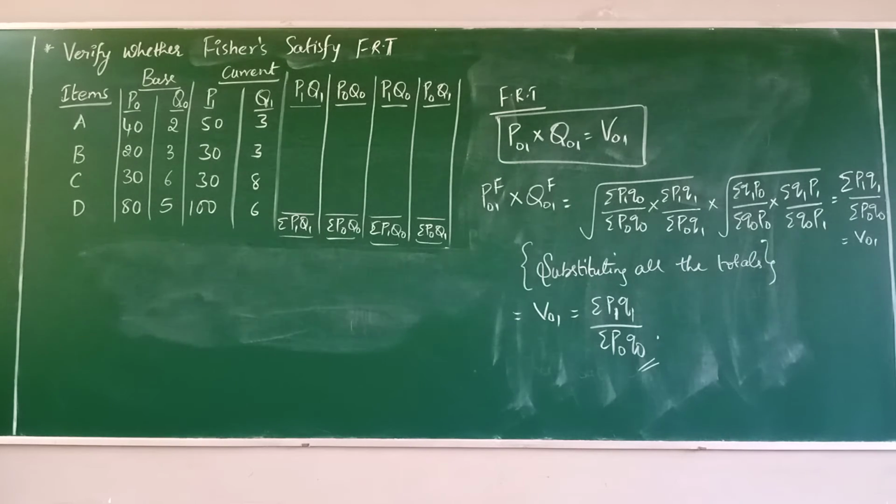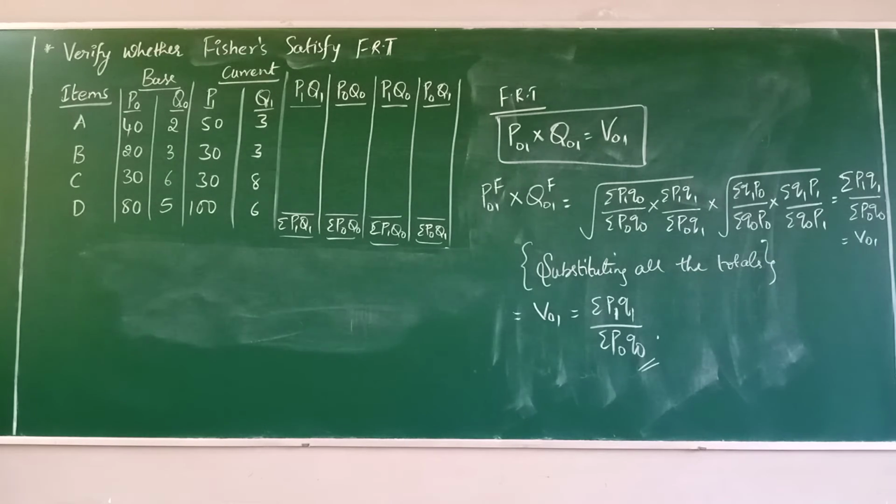So this is one more problem. I think I am clear. Fisher's and Marshall-Edgeworth: Marshall-Edgeworth satisfies TRT. Fisher satisfies both TRT as well as FRT. But whenever the problem is given and asked to prove, you have to substitute the totals and prove that the condition holds as per the formula.